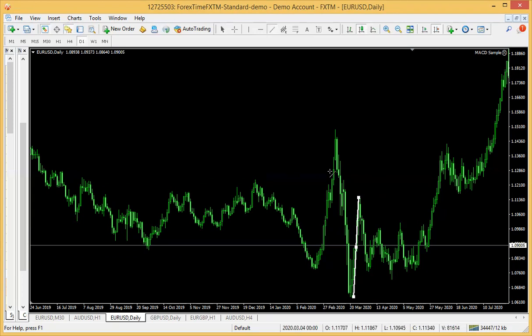So look at it. When this pullback was created, it refused to go lower than this to continue the downtrend, but it failed to go. It formed within this level. Okay, this is a swing.